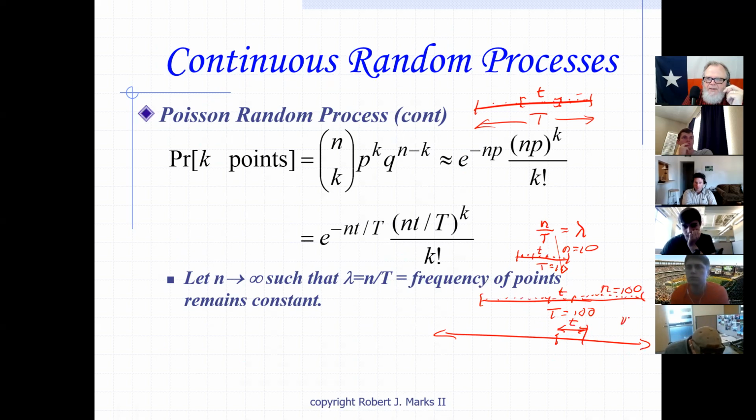So we might go to n equal to 10 to the 10th, and then this big T turns out to be 10 to the 10th wide. So we do that, and we keep lambda equal to n over T, the frequency of points, a constant.